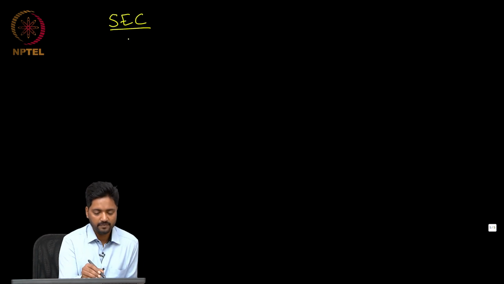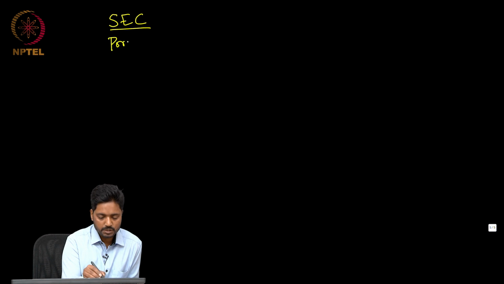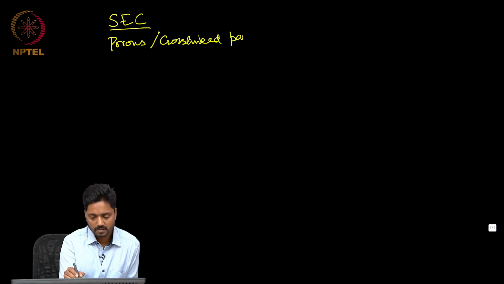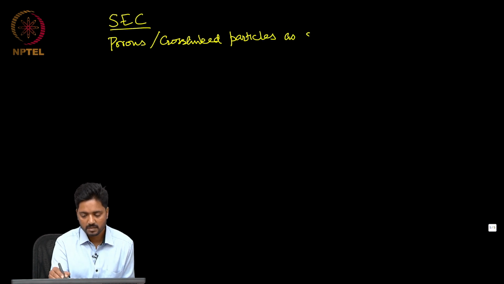So, in size exclusion chromatography, we have porous cross-linked particles as the stationary phase.